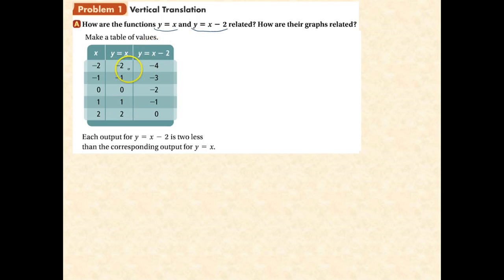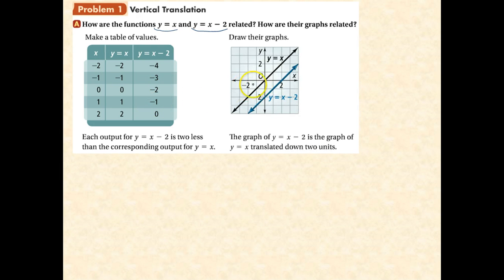But for y equals x minus 2, they're going to be 2 less. So what does that look like on a graph? Here's y equals x, and then here's y equals x minus 2. For each x value, the y value is just 2 lower on the second one. So it's shifted down 2 units.